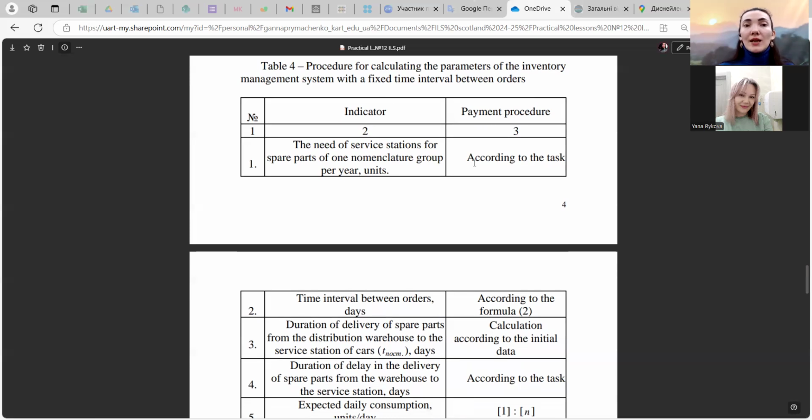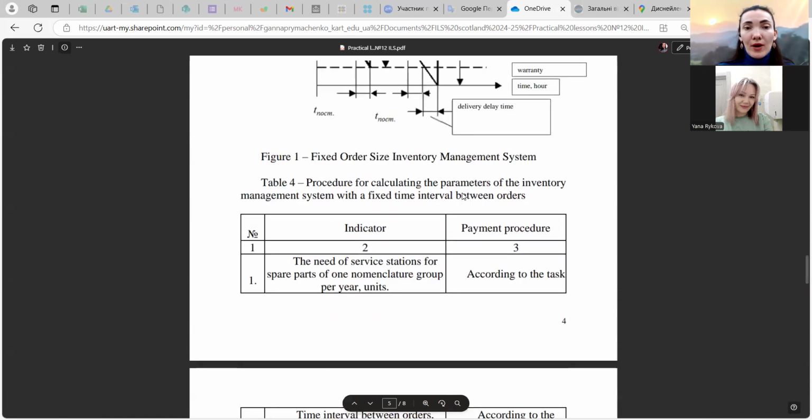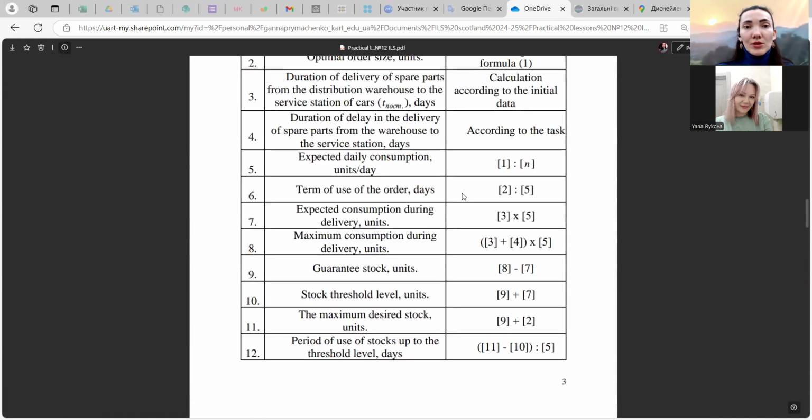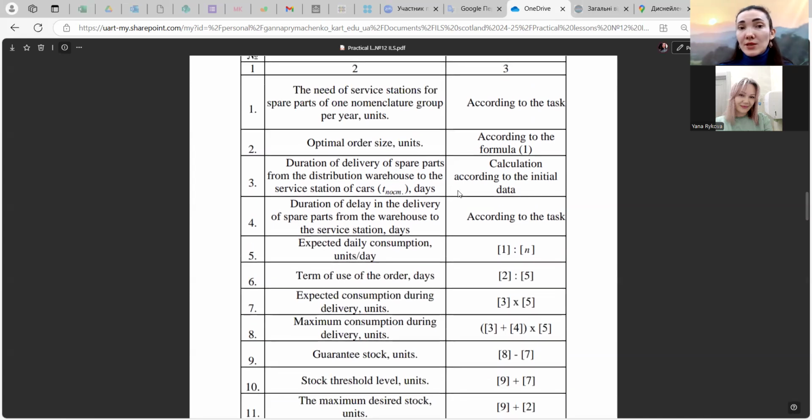Okay. The first parameter is maybe the same: the need of the service station for spare parts of one nomenclature group per year, in units. According to the tasks, we found it in the previous table, and it is the same.